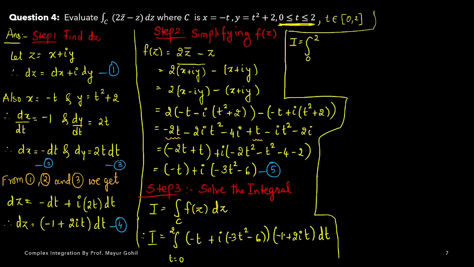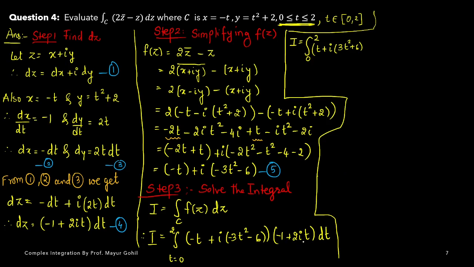Now this minus 1 gets multiplied with this minus t, it becomes t. Then this minus 1 gets multiplied with this entire term, so it becomes plus of i times 3t square plus 6.